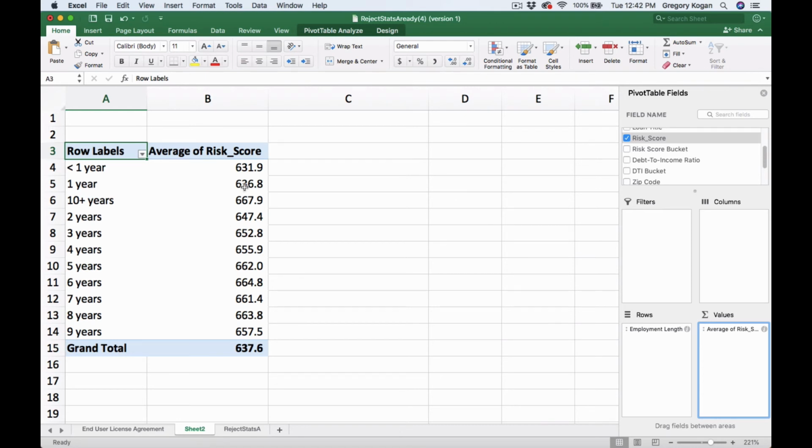In fact, less than a year has the lowest one, but not that much lower. So just something to think about as you play around with the data. We can start seeing answers to some of these questions and learn more about what can actually help us in understanding what loan will default and what loan will not default.